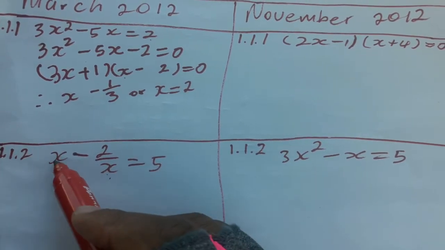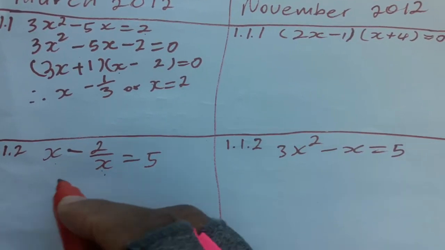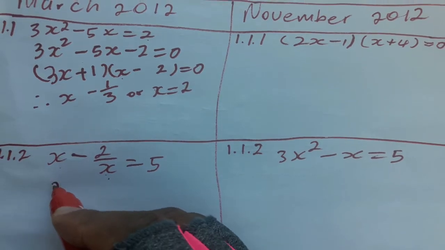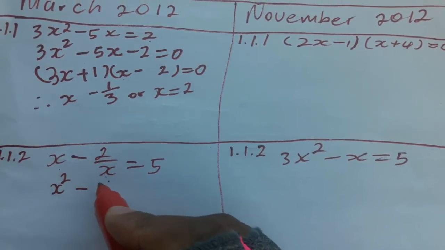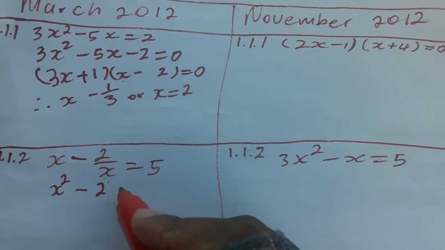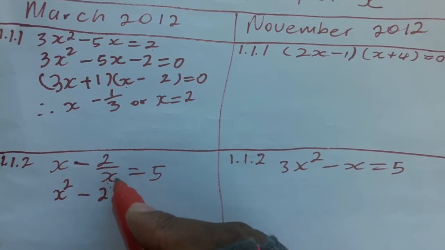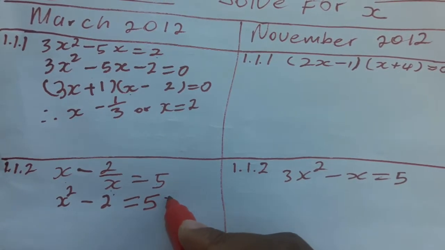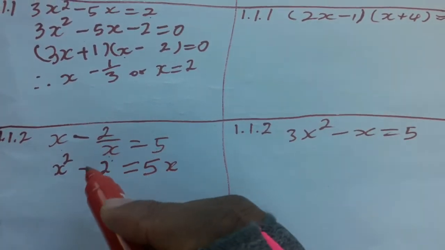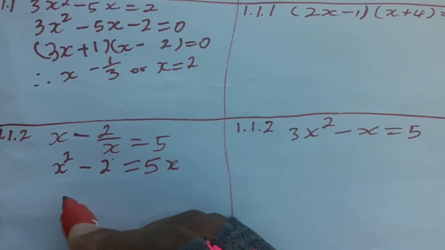So it's x times x, and then x times 5. So x times x is x squared, and then we're left with 2. And then we say x times 5, and that's 5x, right?